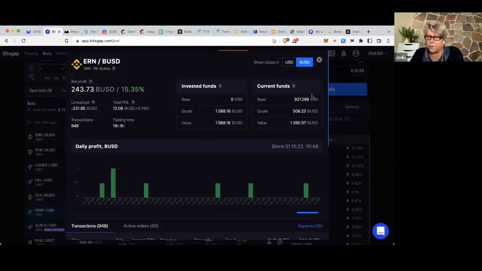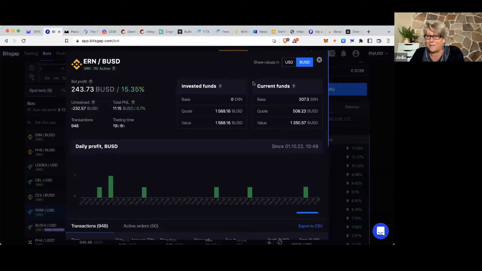Well, the current funds were never really correct, because a lot of people would look at the current funds and say, if I close this bot right now, I expect to see $1,350 go back into my BUSD account. Well, it's the case now. Whereas previously on the old screen, you used to have to subtract the bot profit you've already been paid from the BUSD. And that just got really confusing for people.